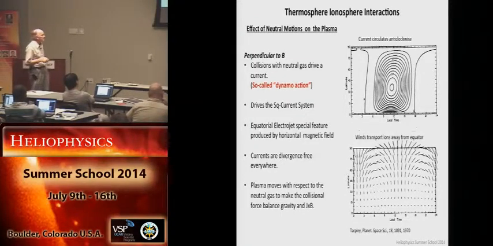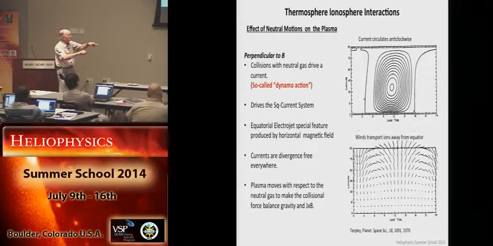I'm not going to go into the details here, but if you had a heat source near the equator here, near local noon, you can perhaps imagine how the neutral atmosphere would circulate in response. It would move away from the equator, turn over, and come back in these two big circulation cells like this. These are Hadley-type cells, right?